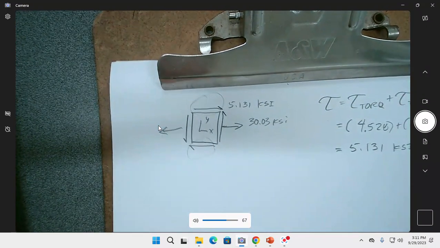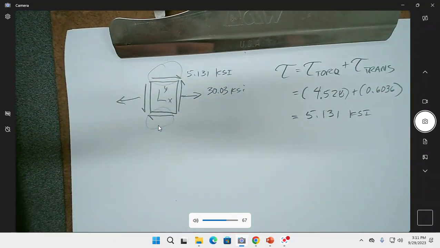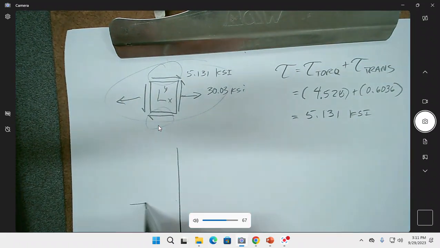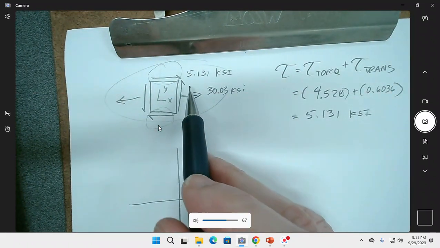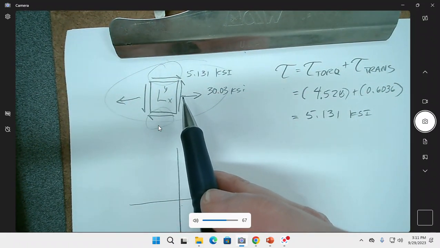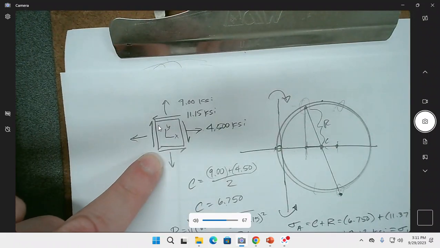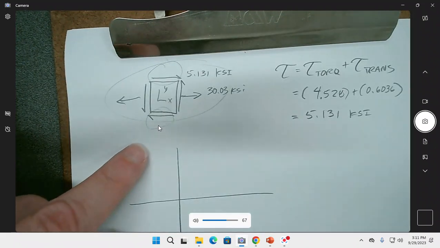And just quickly, to be clear, if you were asked for the principal stresses in this circumstance, first you would write it up like this, but then you would put this on here. This circumstance we could call uniaxial stress, whereas this is biaxial stress.